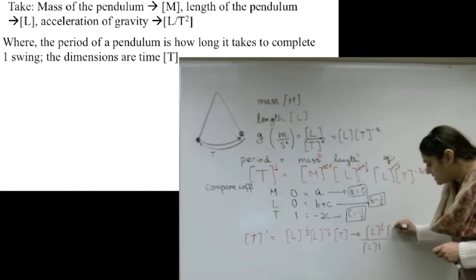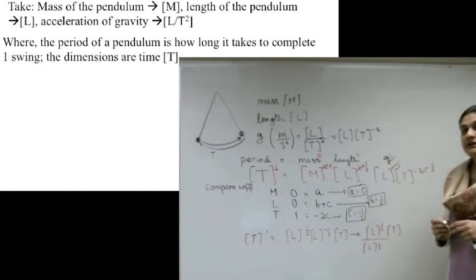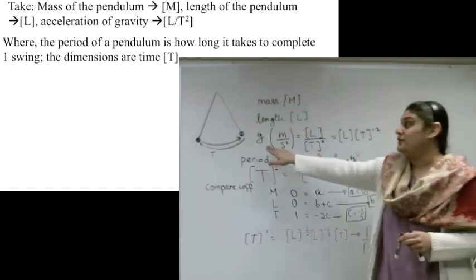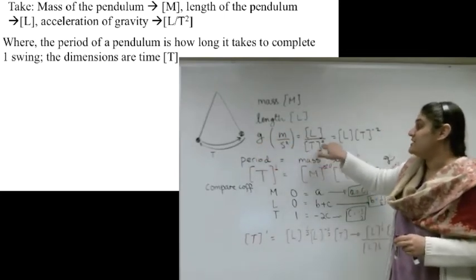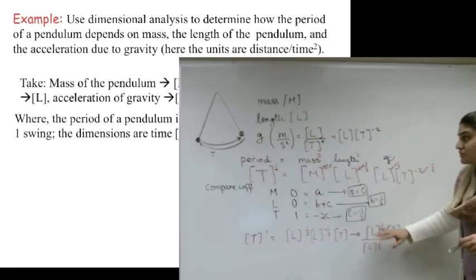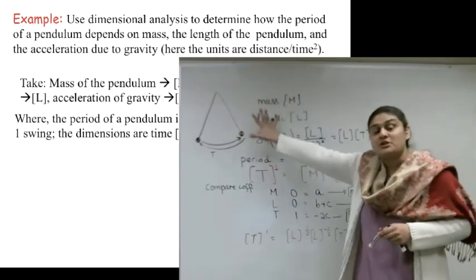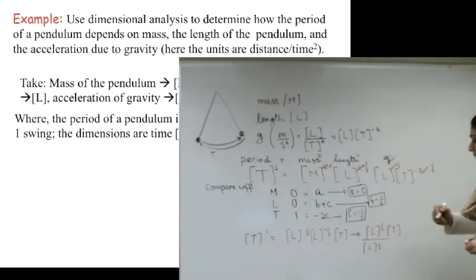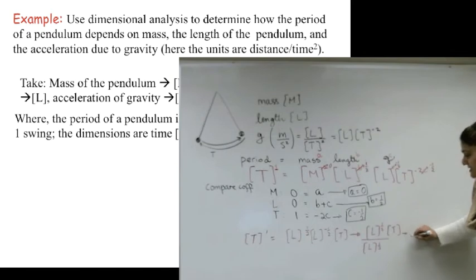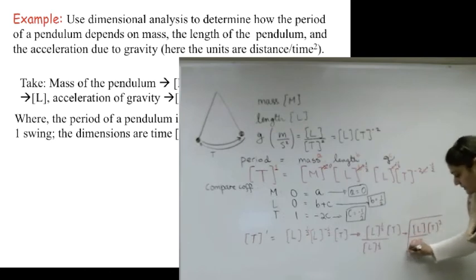And T. Okay, now, what did we say the value of G was? It was L over T squared. Now, in order to bring us back to the original question, what we are going to do is rewrite this expression as length divided by length and T squared square root. Because that's what you do when you have a square root.